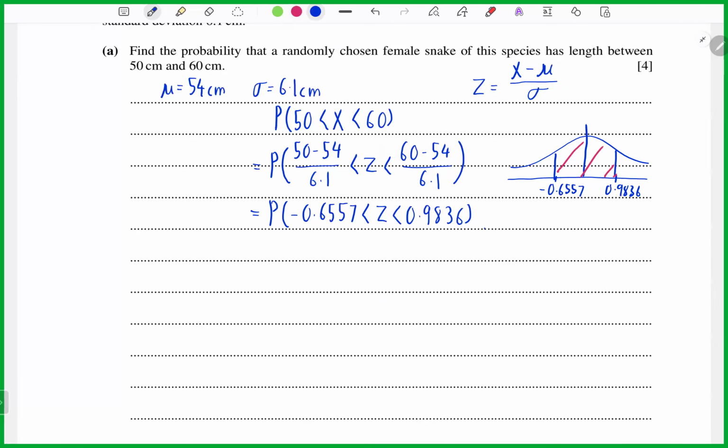So you take the probability for z less than 0.9836 minus, because if it is less than negative 0.6557, it is actually less than 0.5 for the probability, so you should take 1 minus the probability for 0.6557 here.